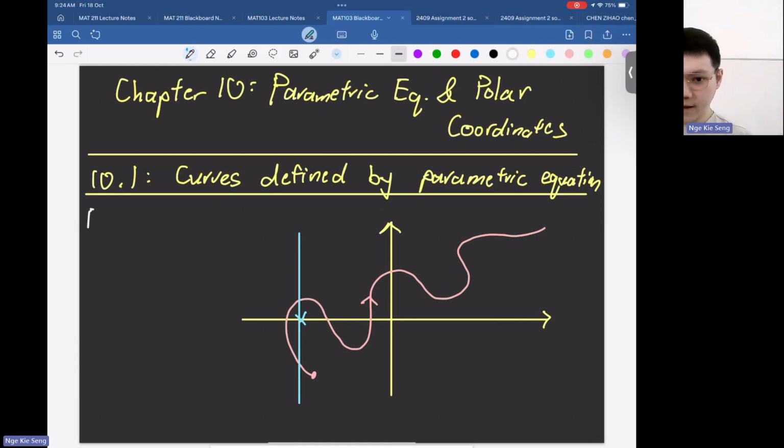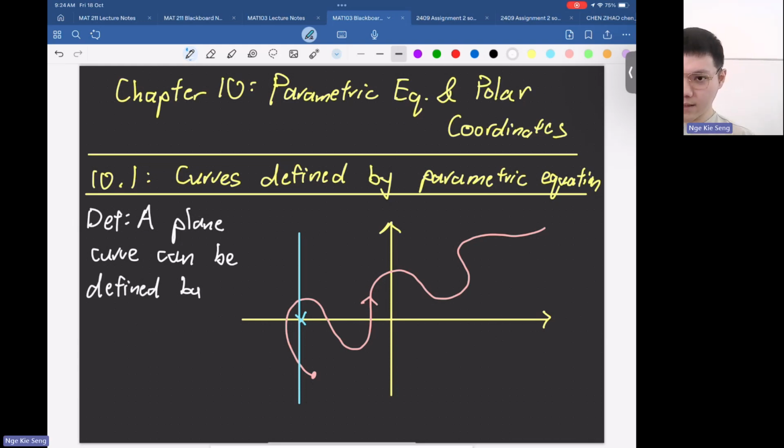So let's define: a plane curve can be defined by a pair of parametric equations.